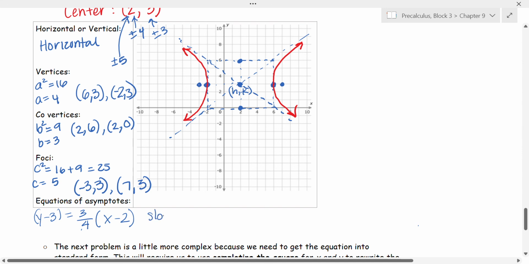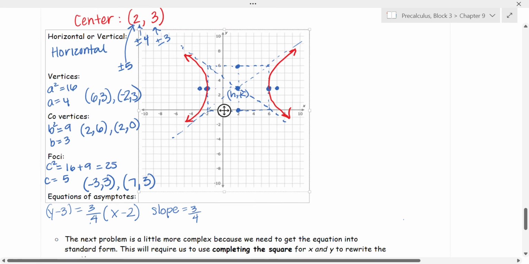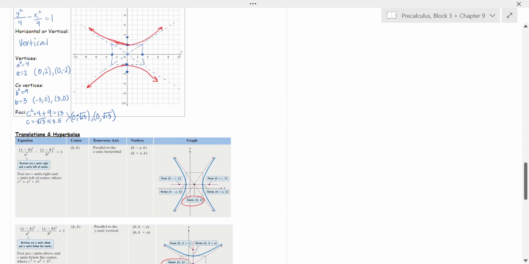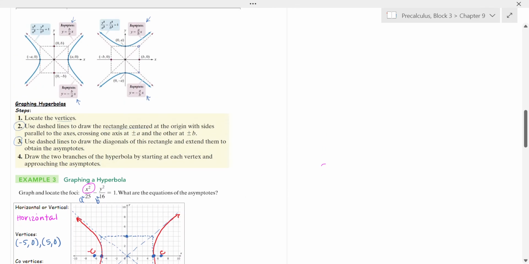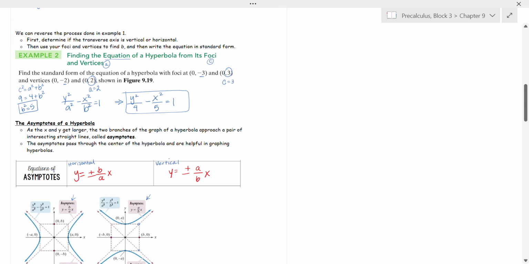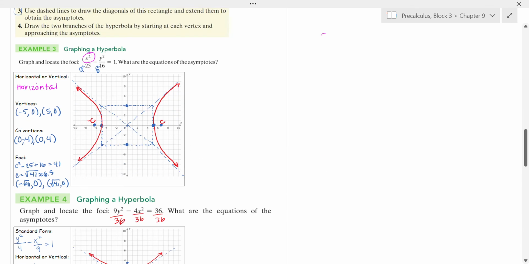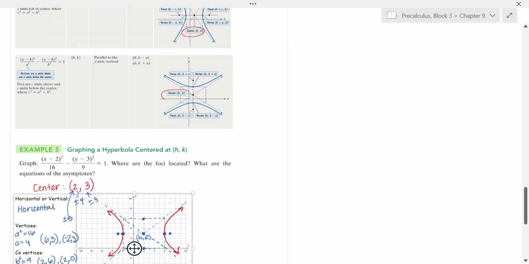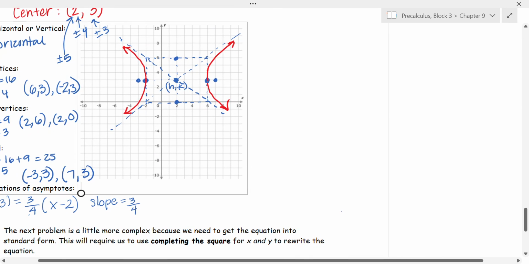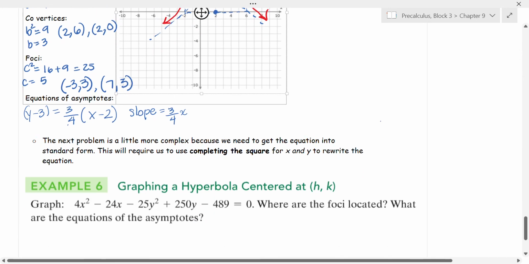The slope is 3/4. Because, let's go back to our notes, for a horizontal hyperbola, the asymptote slope is negative and positive b over a. So you just do the b over a, and there it is, b over a.